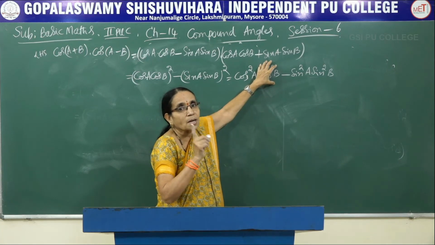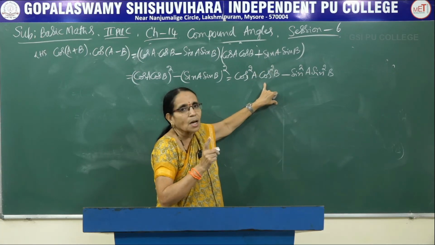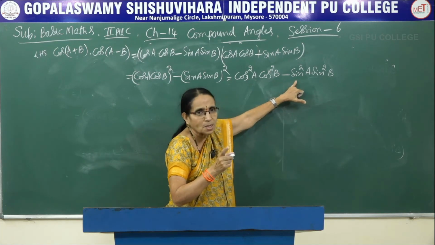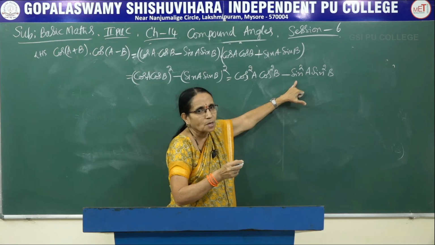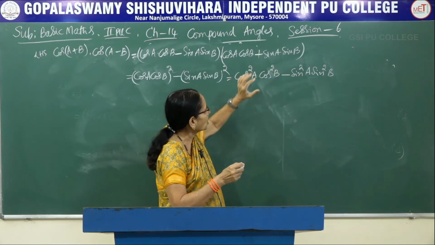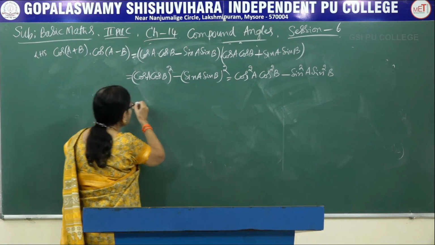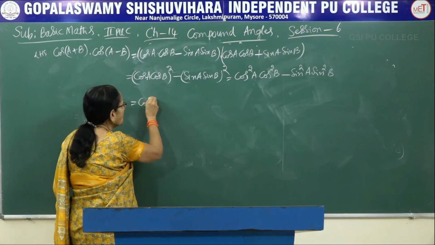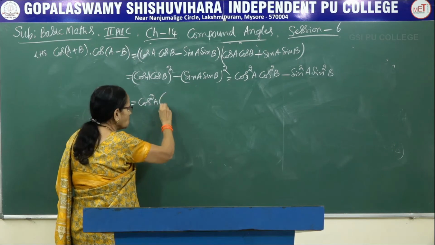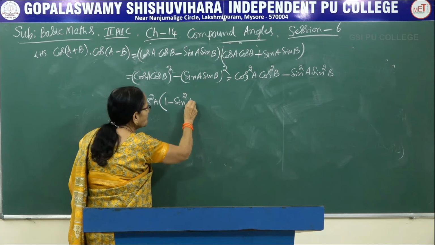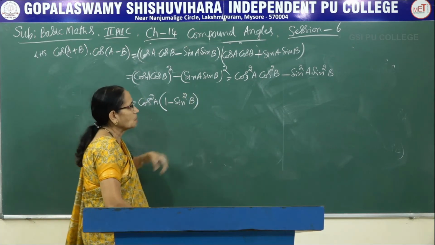Again we go back to the identity. Cos square B can be written as 1 minus sin square B. Sin square A could be written as 1 minus cos square A, so that we will be left with whatever terms we needed in the first result. So let me write it as, keep that cos square A as it is, into cos square B, write it as 1 minus sin square B. Close the bracket.